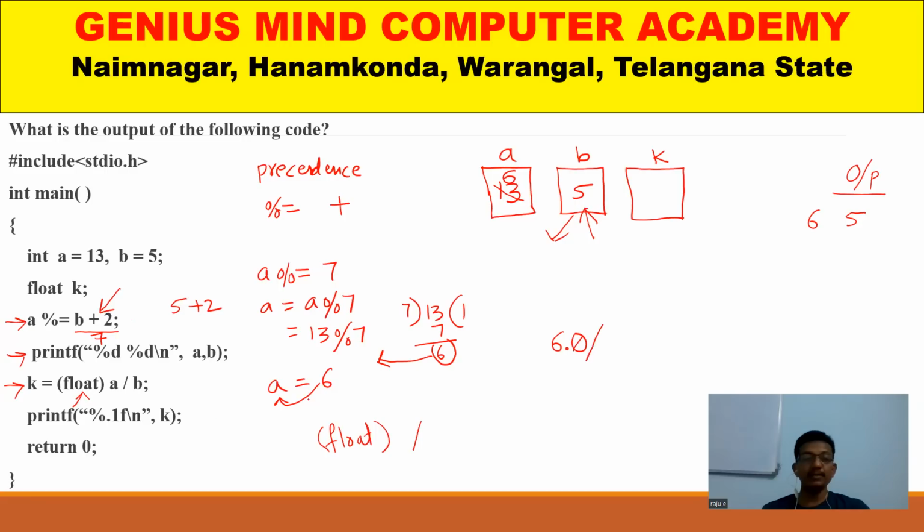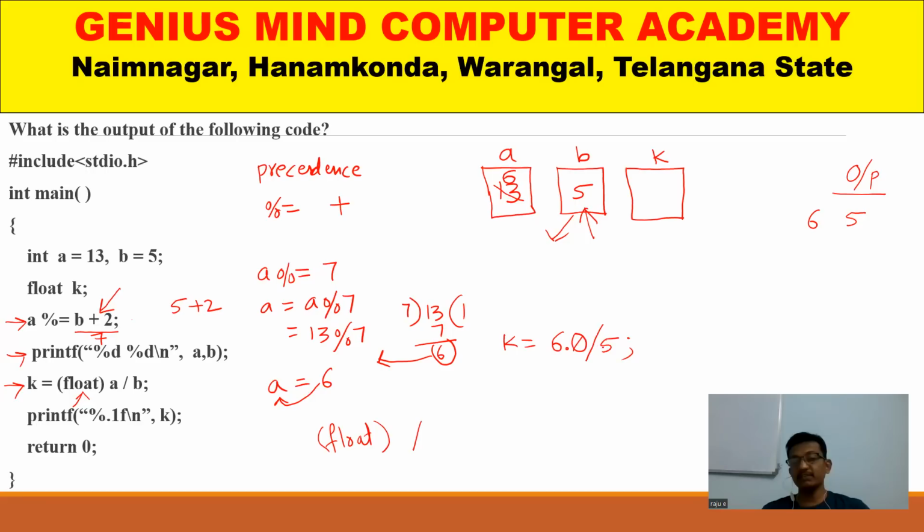Then slash b. What is the value of b? It is nothing but 5. So then the expression becomes 6.0 by 5. In an expression we have one floating point value and one integer value.